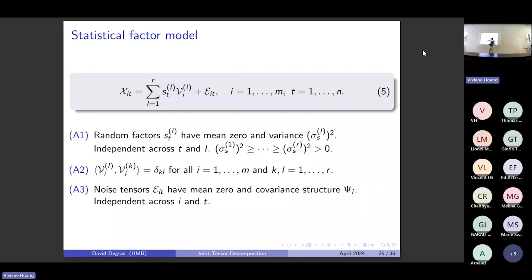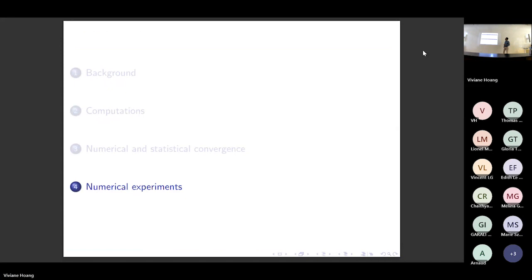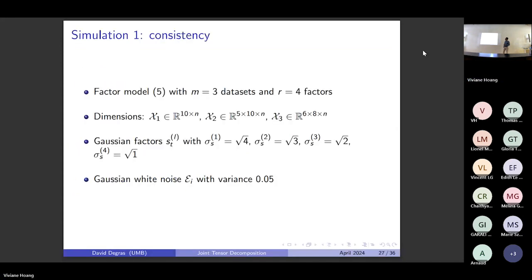And in this model, TMCCA can consistently recover all those model parameters. So you have some consistency results, you have some square root n convergence. You can prove some asymptotic normality results for the estimators of the factor loadings, and also for other parameters.